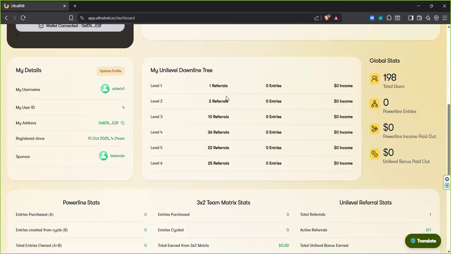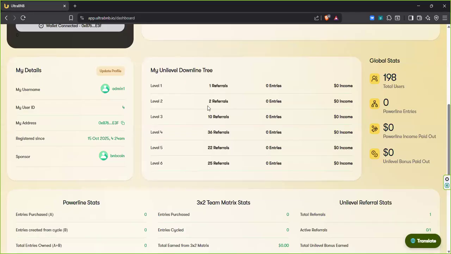So the moment we launch, assuming all these referrals start purchasing entries, be it 1, 2, or more, they will be recorded here in the entries section. You'll see the total entries in each level. If, let's say, on level 1 these referrals purchase 10 entries, it will be recorded here as 10 entries.